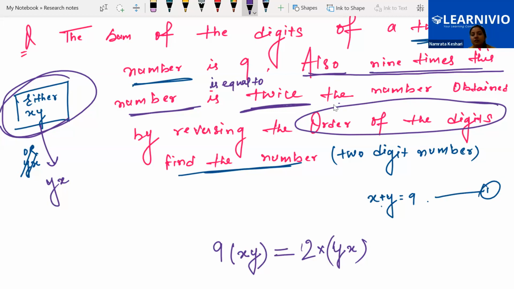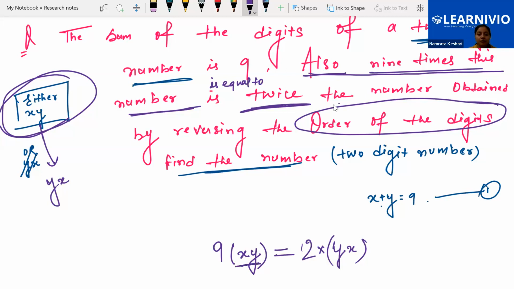But have you seen any equation like this, xy and yx, in multiplication form? No. Our pairs of linear equations so far which you have solved always look like x plus y equals something, x minus y equals something, 10x plus 10y. There is a coefficient of x and of y also, but it is always in the form of addition and subtraction only, right?